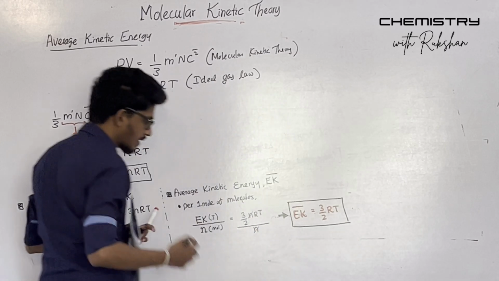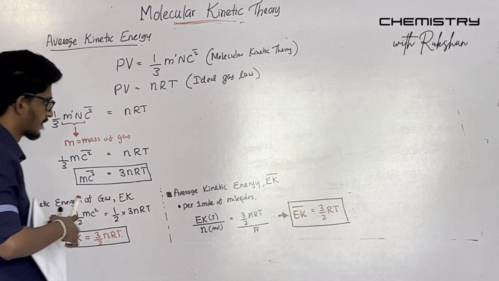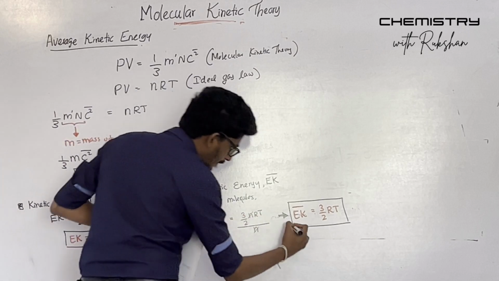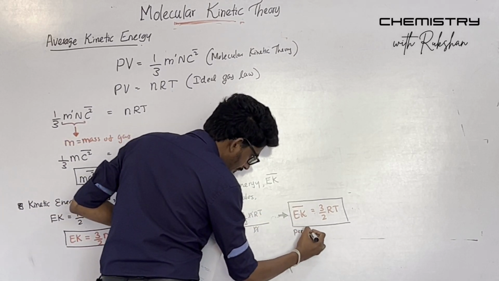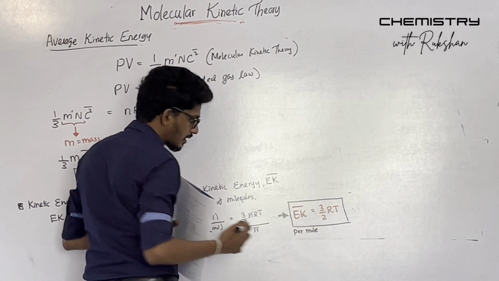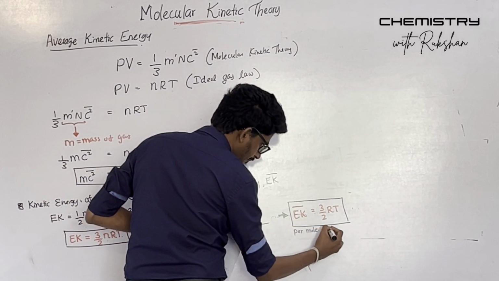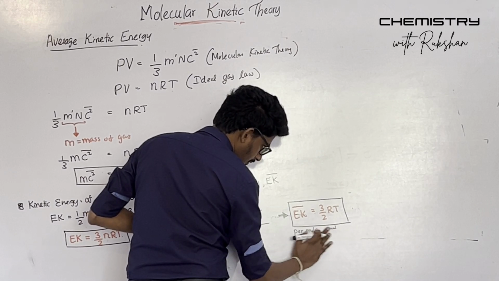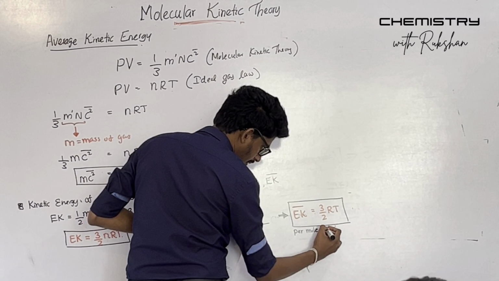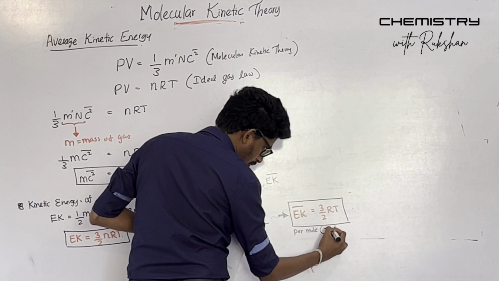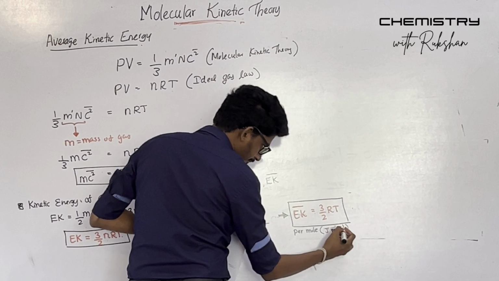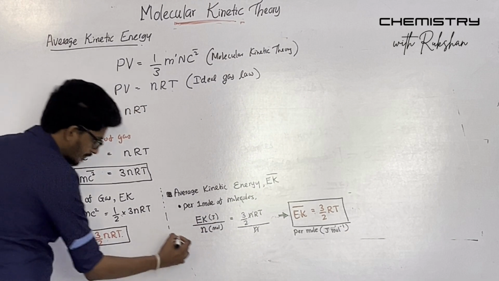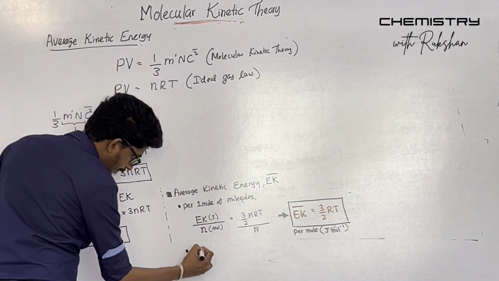This is the per mole value. Units are going to be joules per mole. So let's take it for per molecule.